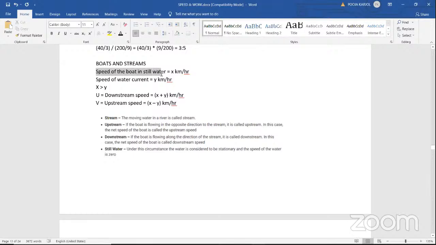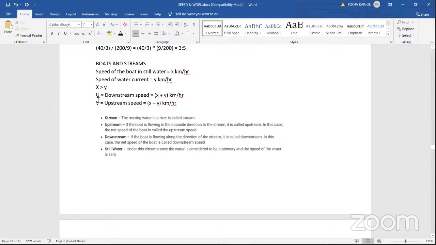So these two parameters are important: the speed of the boat in still water, and the speed of the water's current. Speed of the boat in still water, consider it as x. Speed of the water current, I've considered as y kilometers per hour.